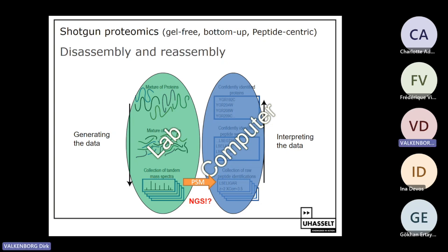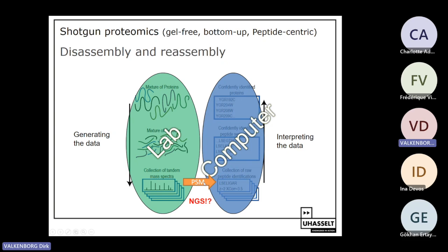One important term that I still want to mention on this slide is the peptide spectrum match, abbreviated PSM. When we attach a certain amino acid sequence to a tandem mass spectrum, we call this a peptide spectrum match.